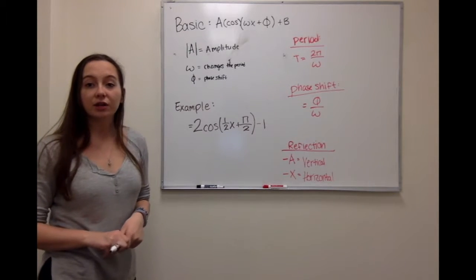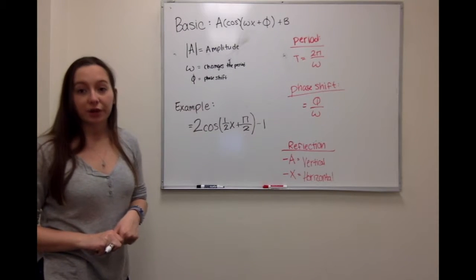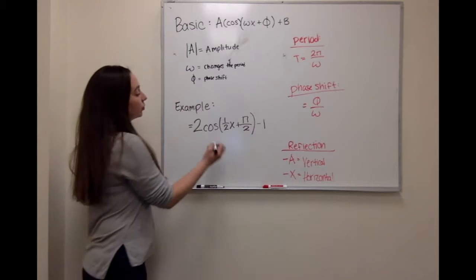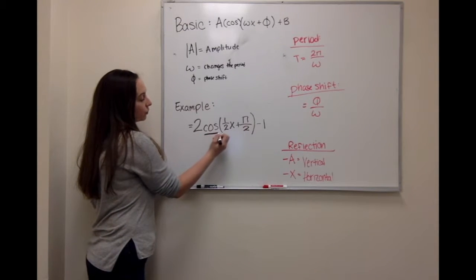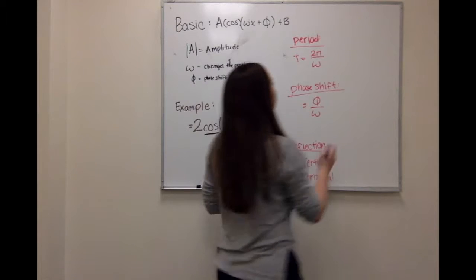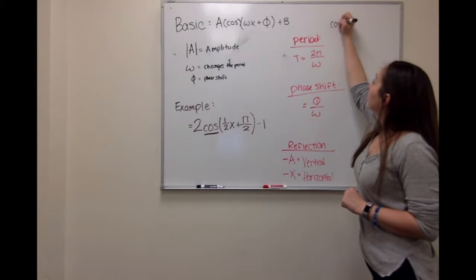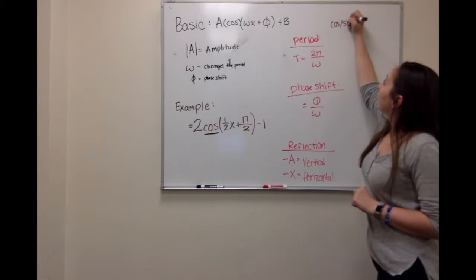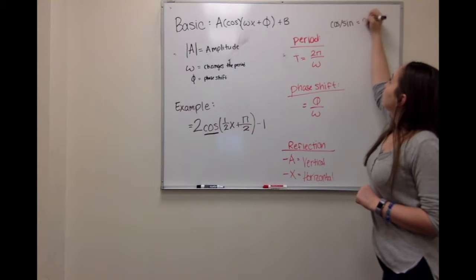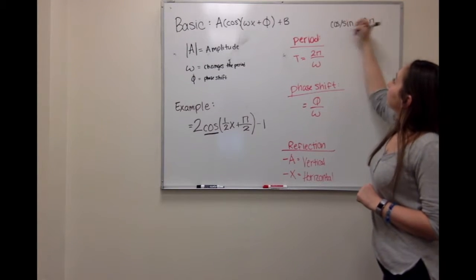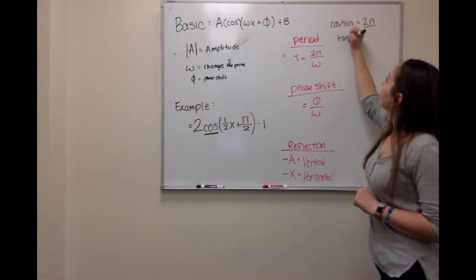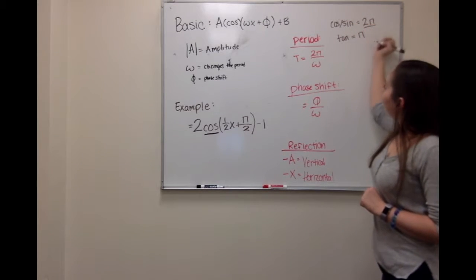So the first thing that we're going to do is find the period. Since we know it's a cosine, we know the period is going to be 2 pi. So the period for a cosine and sine is 2 pi, always. And tangent is pi.